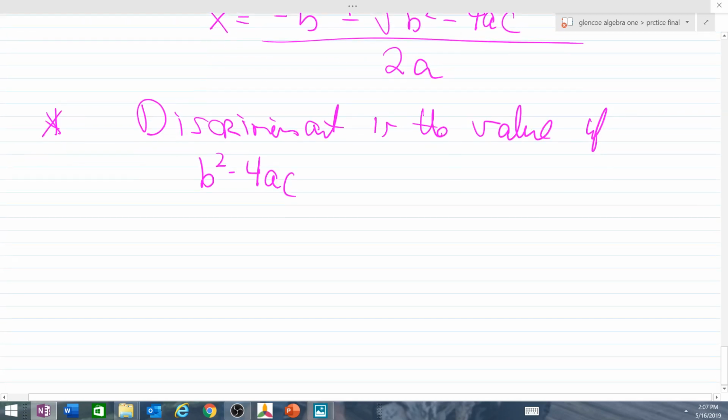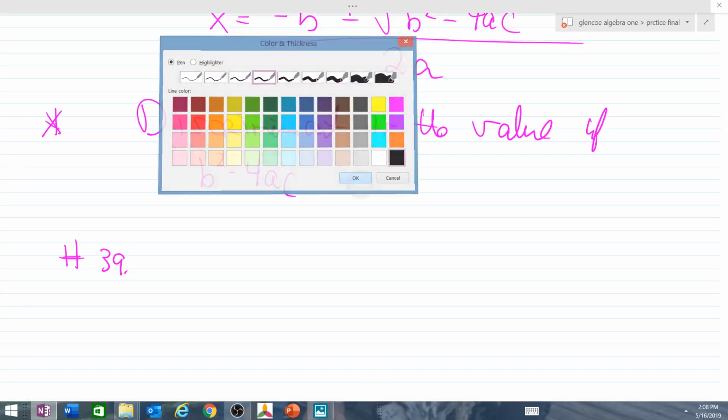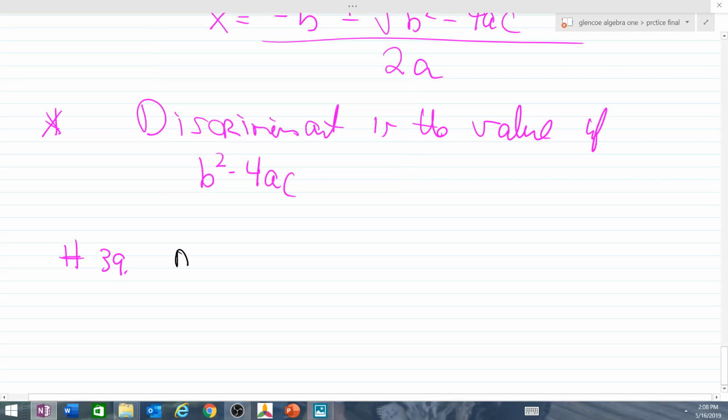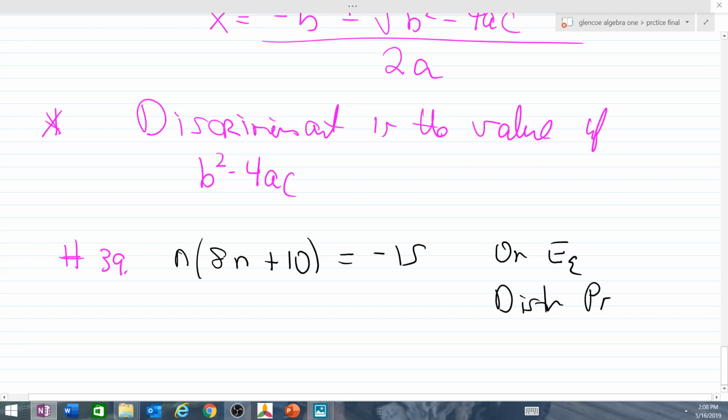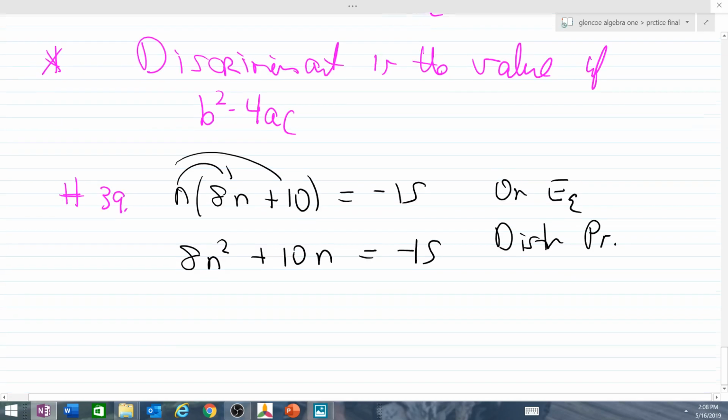So if I was given this equation, this is number 39: n times the quantity 8n plus 10 equals negative 15. So this is my original equation. I want to use the distributive property, which would give me 8n squared plus 10n equals negative 15.